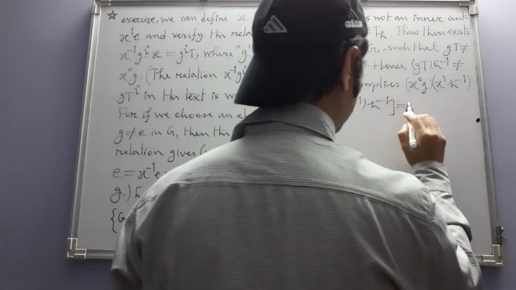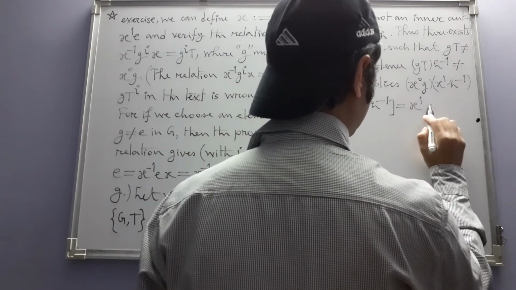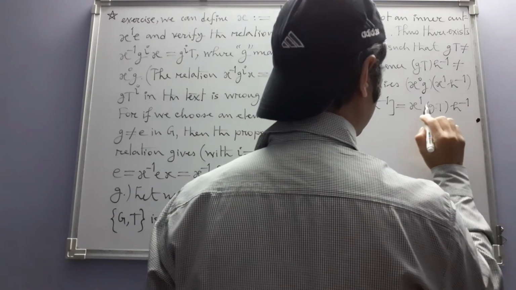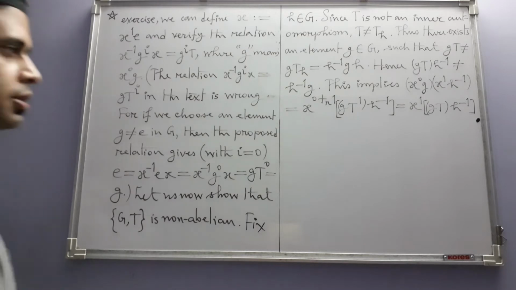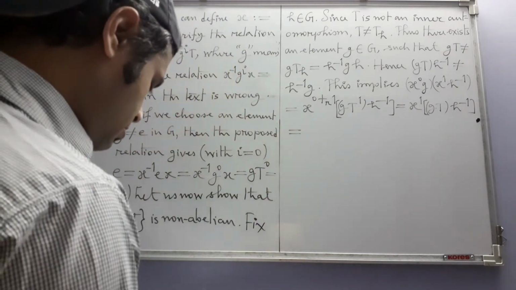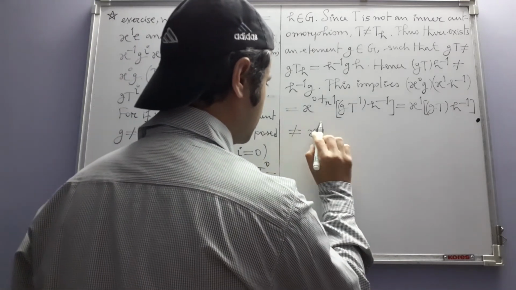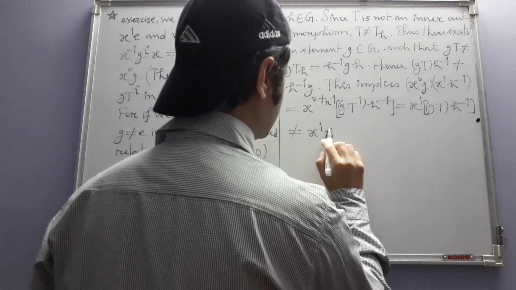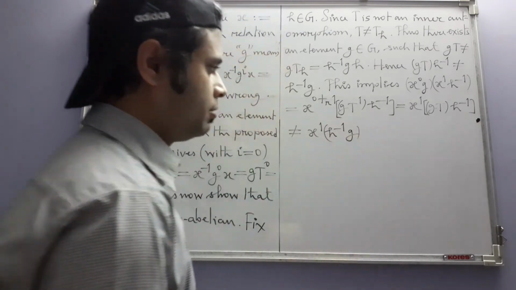This will be x1 GT H inverse, and this is not equal to x1 H inverse G. Why?